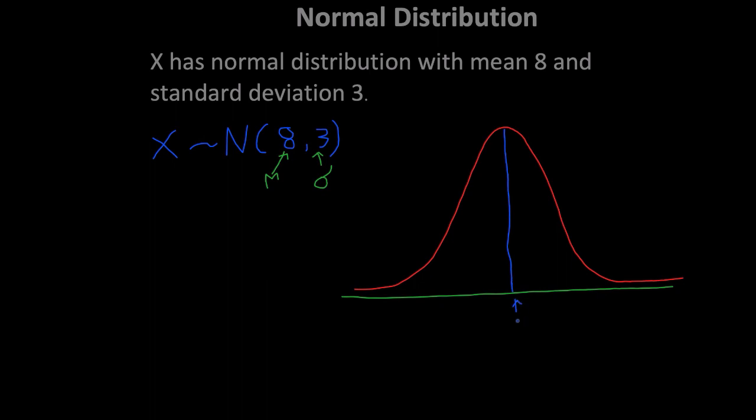So, this is mu, which is 8 in our case. Each number on this side is greater than 8 and on this side is less than 8.